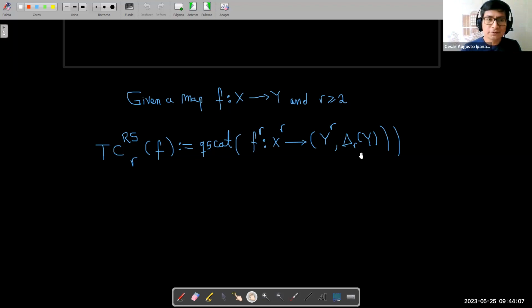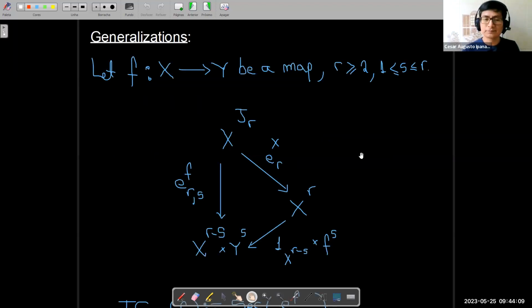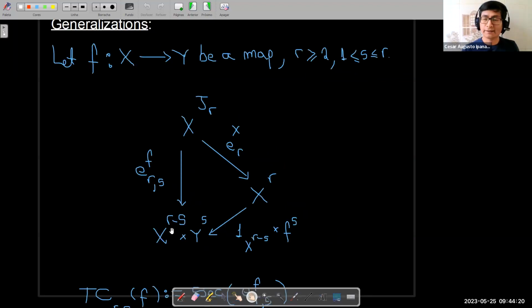Well, I will introduce in particular our higher TC and other higher TC for the previous one. For example, our higher TC is very natural.